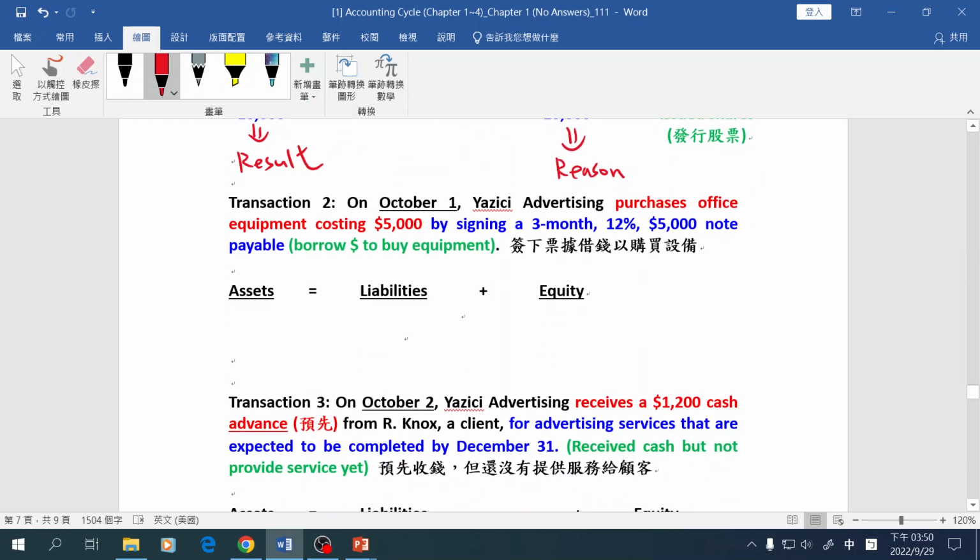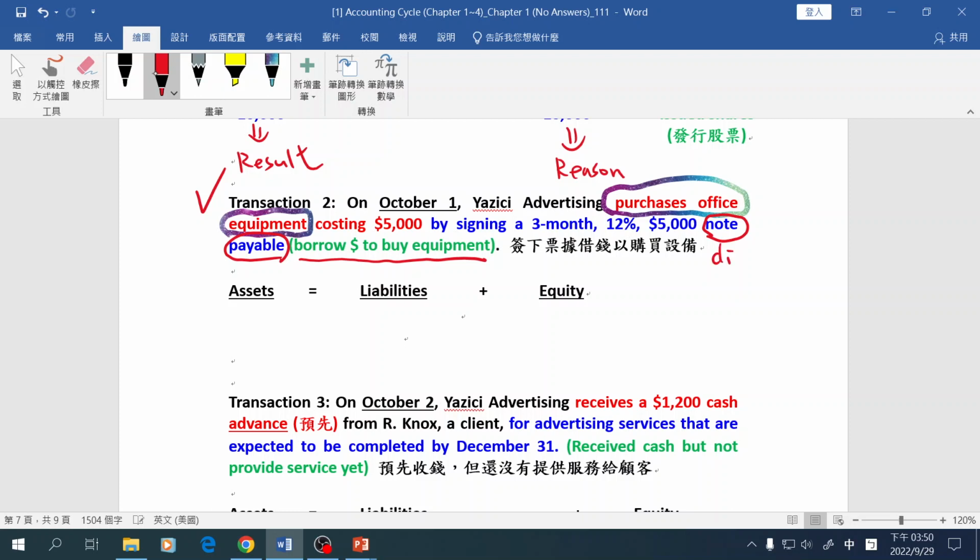Look at transaction 2. For transaction 2, what's going on? Your company, here is the keyword, purchase office equipment. So you buy the equipment. Did you pay? Here it says not payable. So did you pay? No, you didn't pay. So you borrow money to buy equipment.